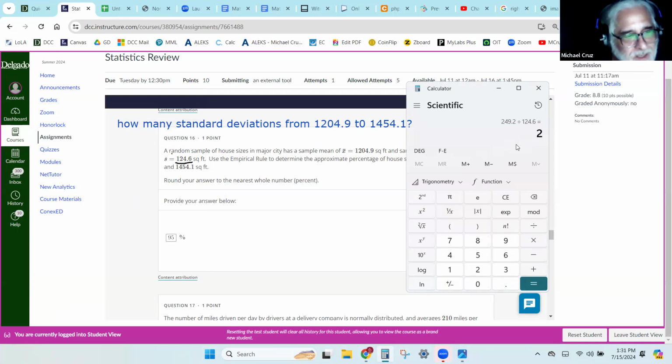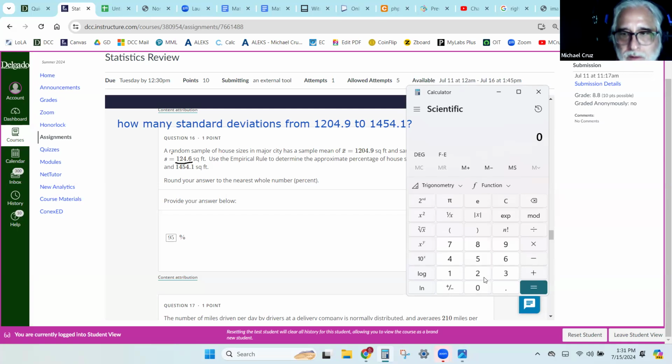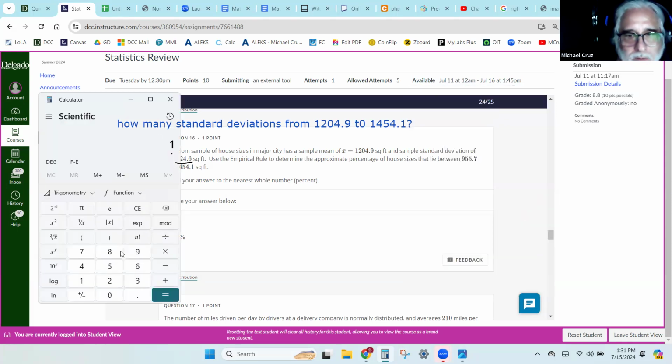Okay. Let's just check to make sure that on the left-hand side that is 2 standard deviations as well. So 1204.9 minus 955.7.